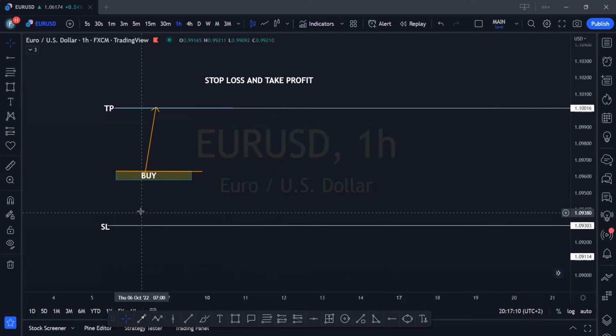But when we start to deal with strategy, you will know the right stop loss to use and the right take profit to use based on that particular trade. All right. So we just don't use a random stop loss or take profit. Stop loss and take profit are peculiar to different strategies and that particular currency pair. But just right now, I want you to understand the basic concept.